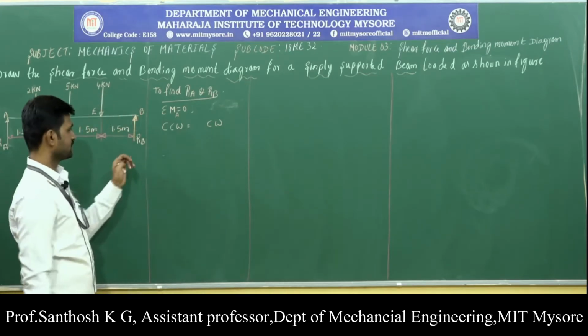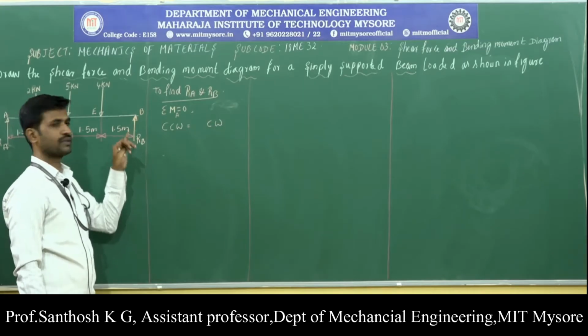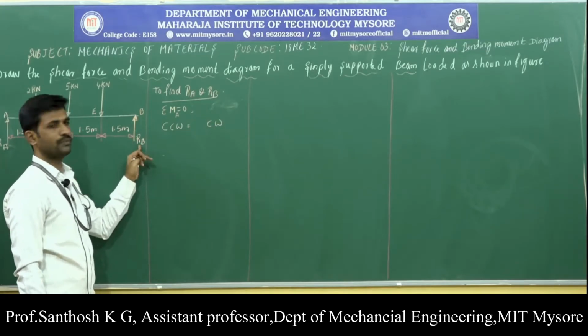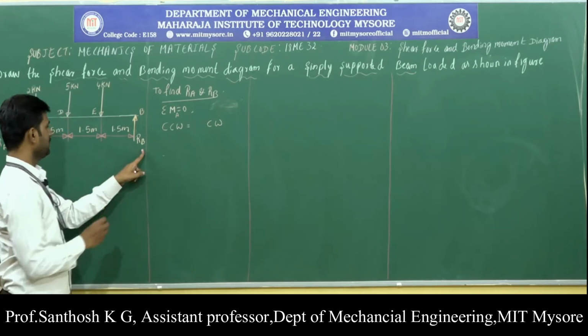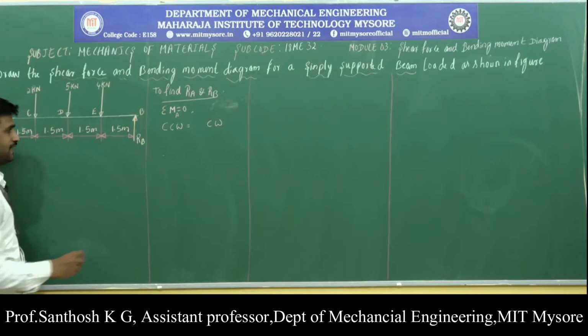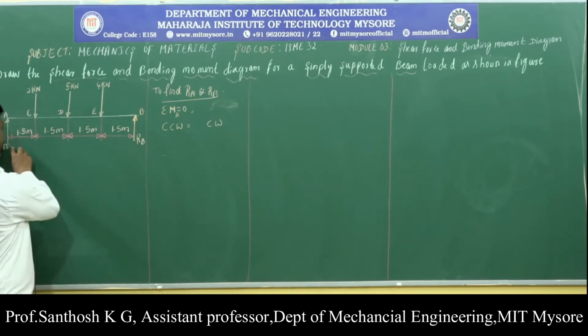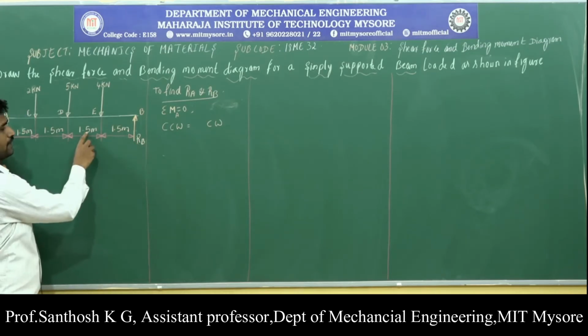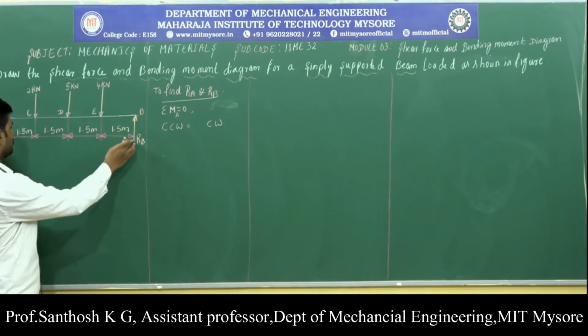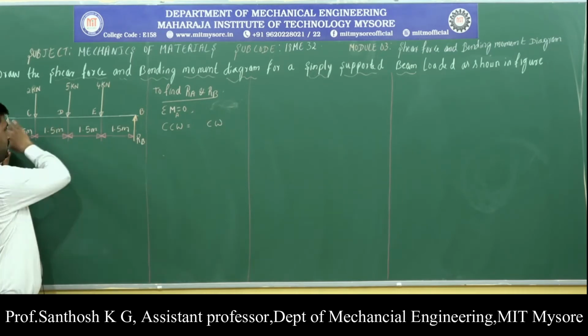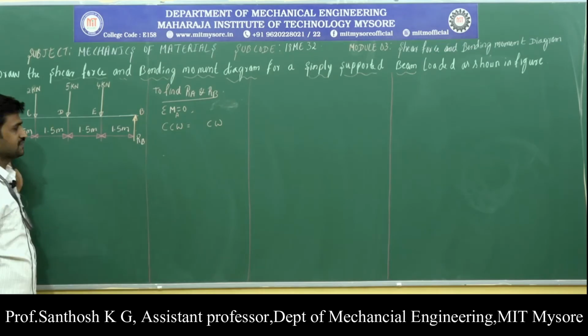So first let us see what is the moment that will be developed due to the reaction B. The reaction B from point A is at a distance of 1.5 plus 1.5 plus 1.5 plus 1.5. So the total distance of RB from A is 6 meters.